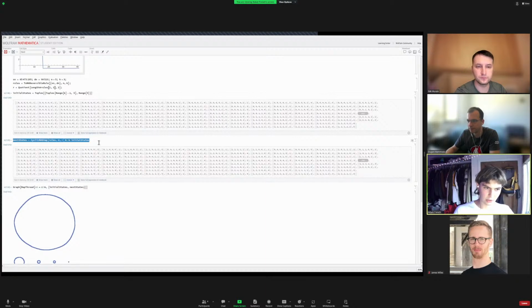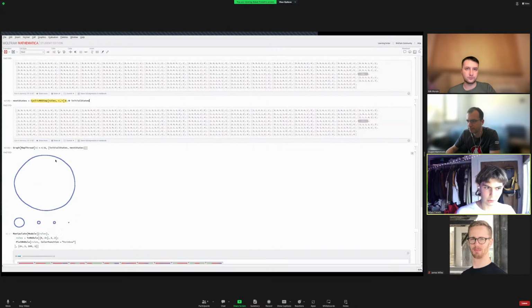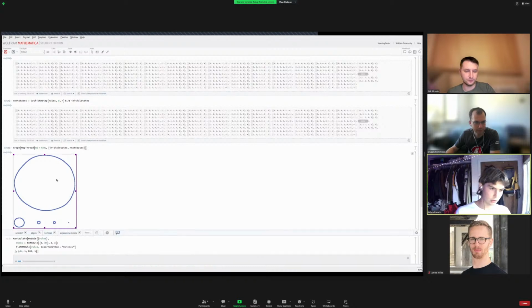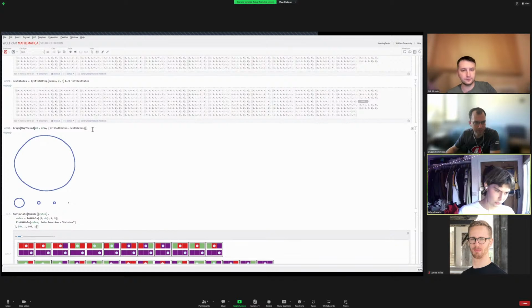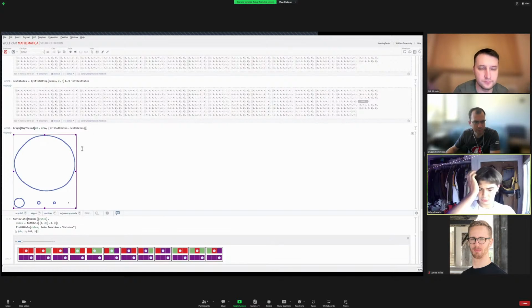We compute the next state that will result from that initial state, and then we plot that in a graph. So effectively, for every state, we find the next one. And then when we join all of these state transitions together, we get big cycles. Just in case the diagram wasn't explained.